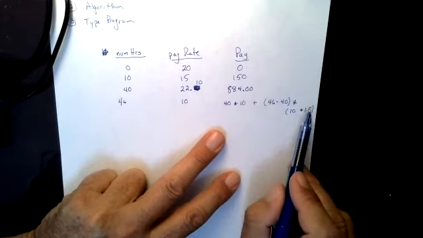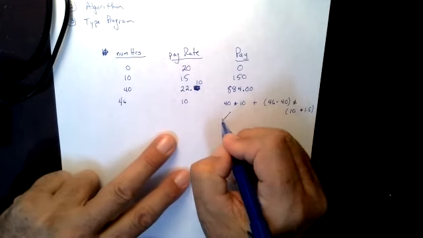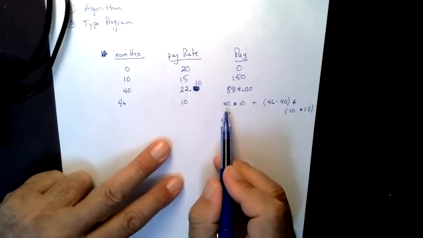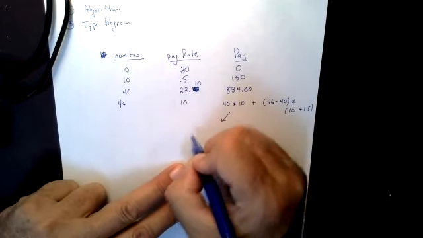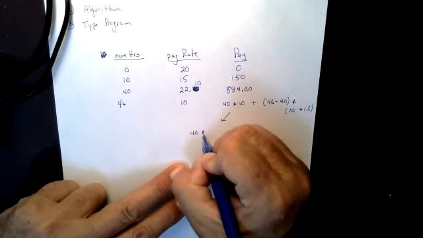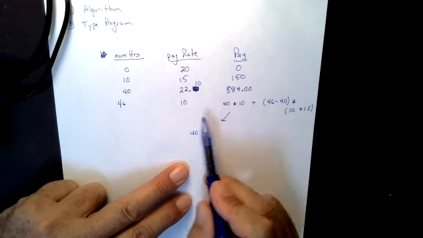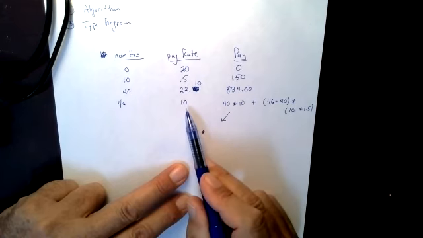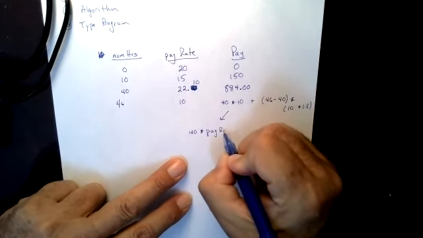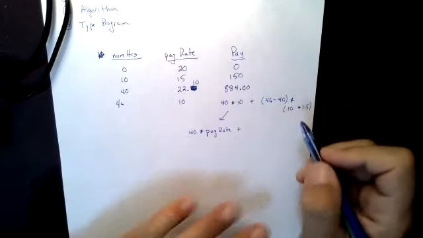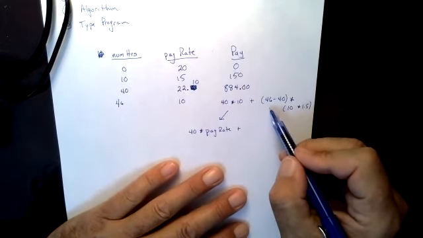In fact, if I now had to make this an expression, I think I got something here. Where does the 40 come from? If my hours is bigger than 40, I'm going to do 40 times, where's the 10? That's my pay rate. So that's my first 40 hours. And then what's the 46?